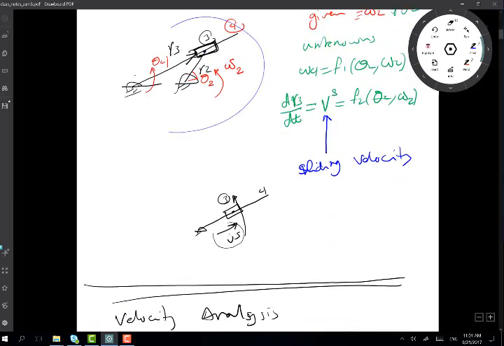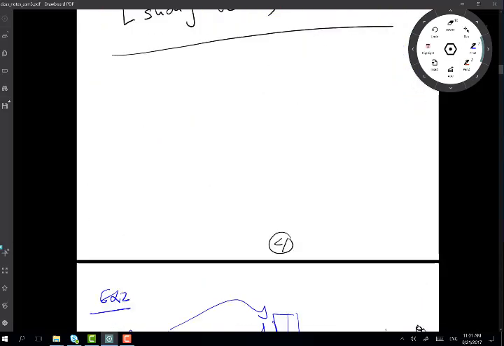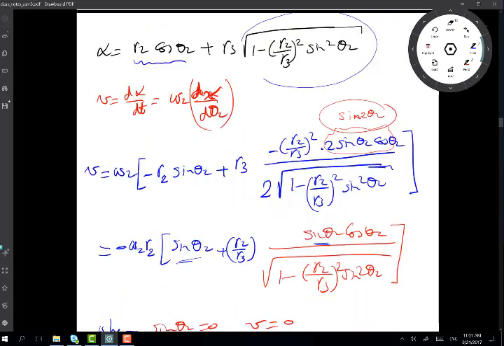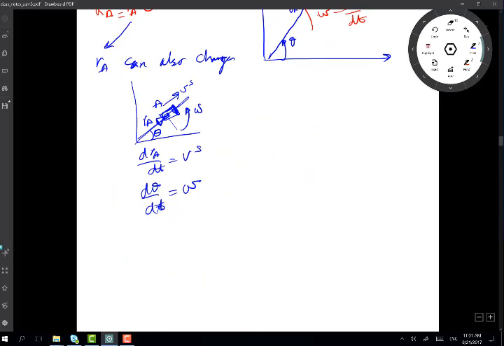In this case I will need to take into account that the sliding takes place, because I need to calculate the sliding velocity. That's quite important, right?